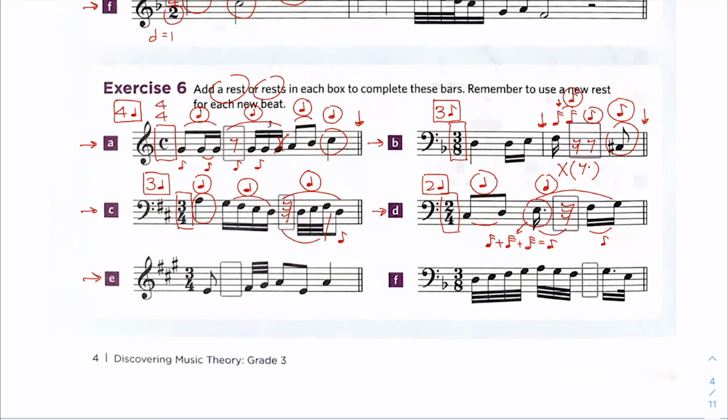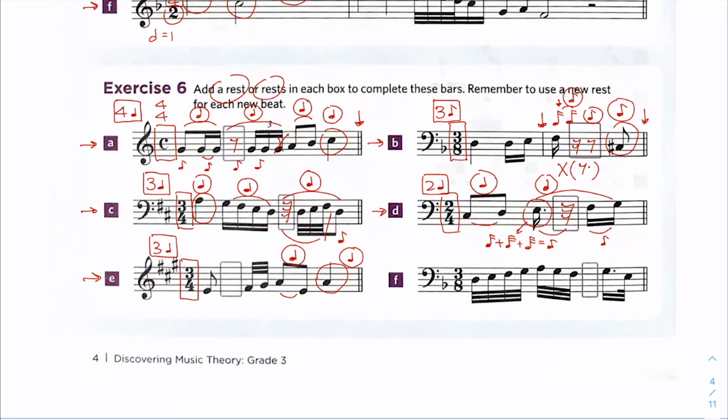Question E, 3/4 time, which means 3 crotchet beats in 1 bar. There's only 1 bar here. Let's start from the end of the music. So here we have 1 crotchet, so that's 1 beat. 2 quavers here, so this is another crotchet beat.